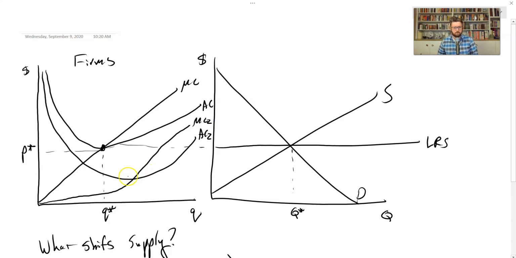What is going on here? Well, let's suppose that all the firms that are in the market convert to this new production technique. They all upgrade to this new production model. The first thing that happens is that the change in marginal cost, the change in the shape, is also going to change the shape of the supply curve.